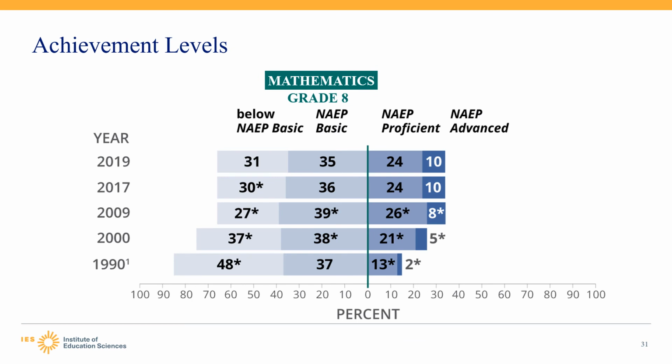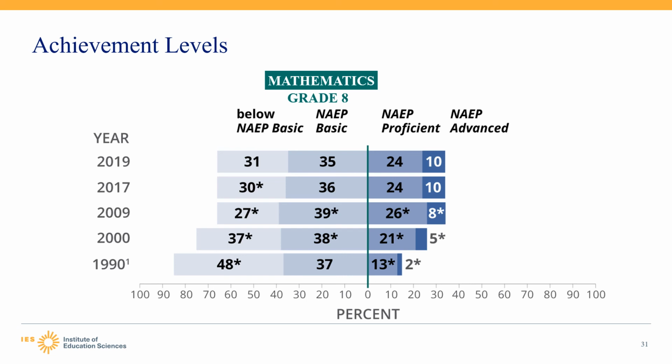If we focus only on the top bar, we can see that in 2019, there were 31% of students scoring below NAEP Basic and 10% scoring at NAEP Proficient. NAEP will also report that in 2019, 69% of 8th graders score at or above NAEP Basic.